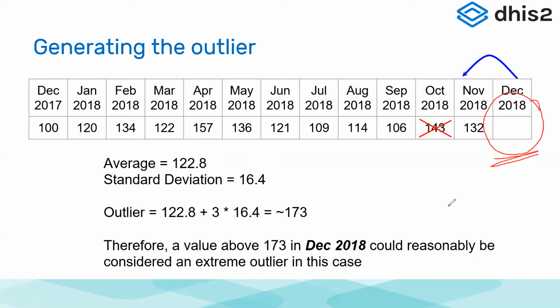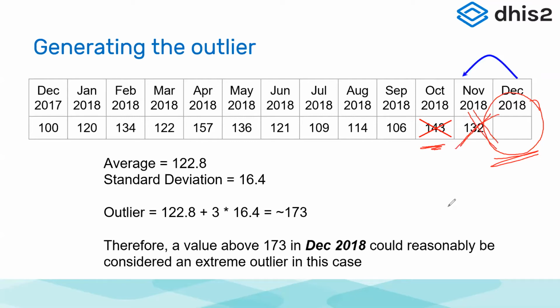So to calculate the predicted value, the outlier boundary for December 2018, you are considering, sorry, here actually, so this is wrong. This cross should come here.